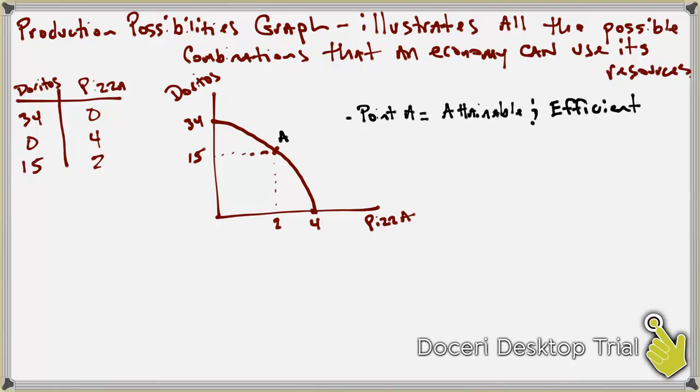Point A. Now let's take another point. We'll call it point B, and we'll put it somewhere inside our production possibility curve. And we'll put point B over here. What do we know about point B? Is it attainable? It is attainable. So we'll say it's attainable. But we know we can do better than that with the resources that we have, right? So we would say that it's attainable and inefficient.